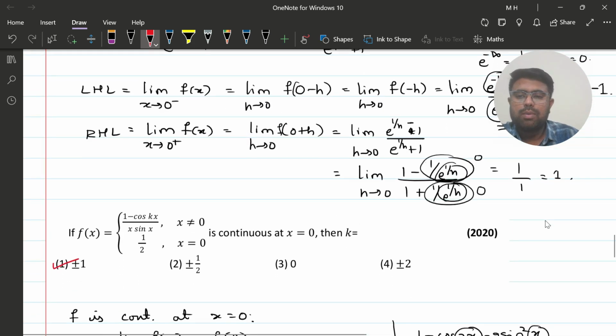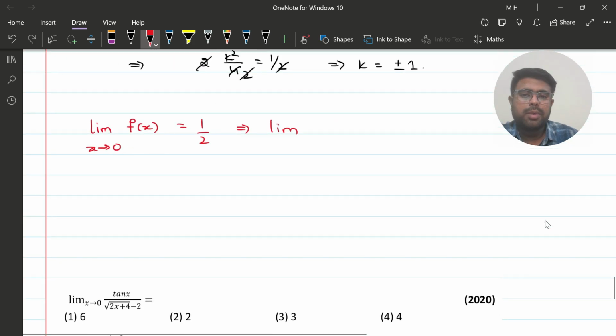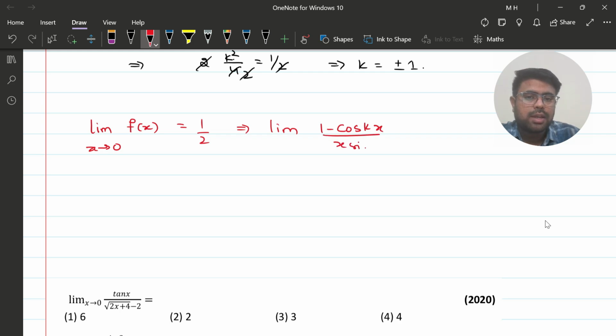It is 1 minus cos kx divided by x sin x, right? So 1 minus cos kx divided by x sin x as x tends to 0. Before applying the L'Hospital's rule, I will divide it by x and multiply it with x. I'll make this one. So finally I'm going to get 1 minus cos kx divided by x square as x tends to 0.